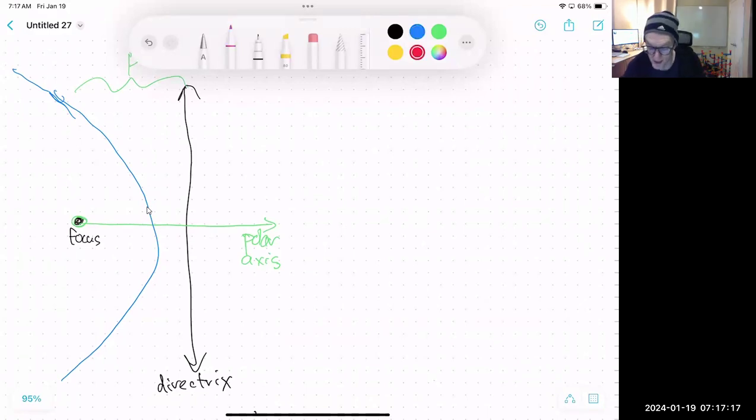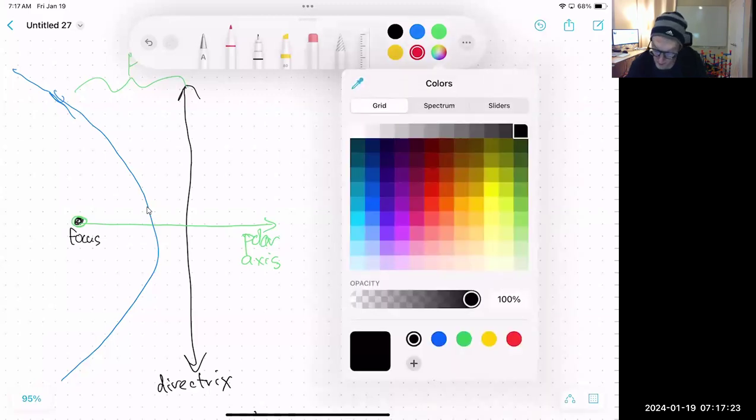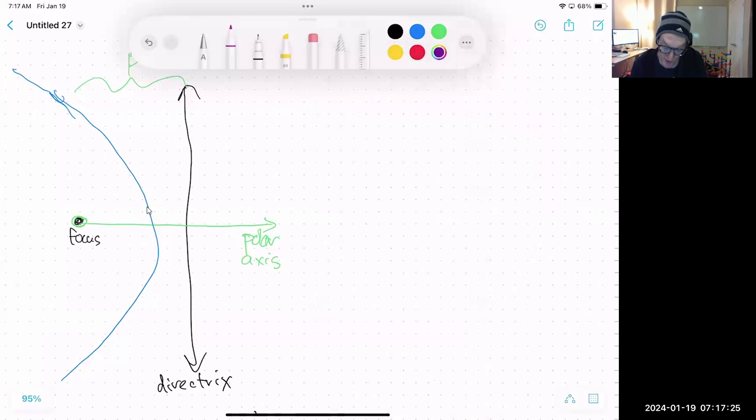One thing I know from experience is to always pick a point in the first quadrant. So here is my arbitrarily chosen point, r comma theta. That means the distance to the focus is r, and this angle is theta.